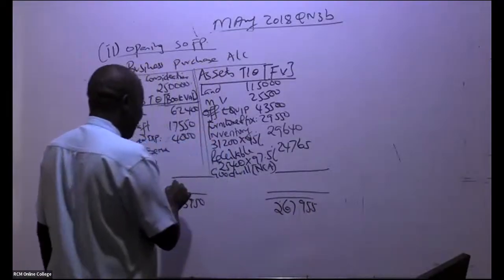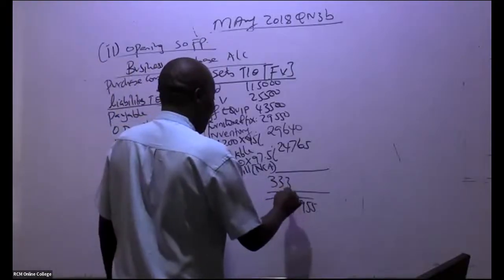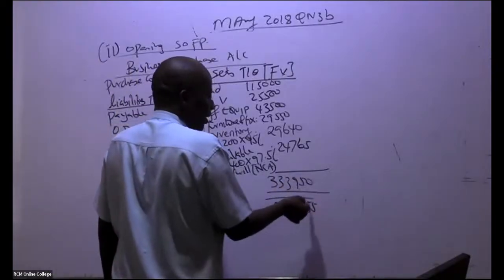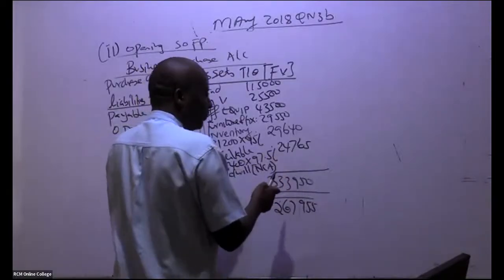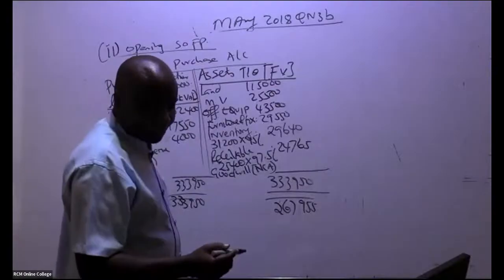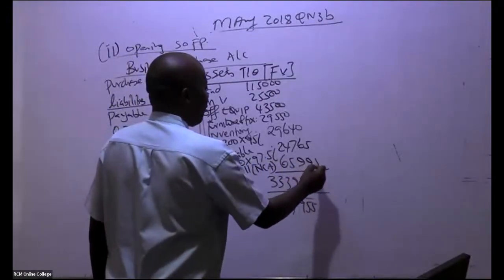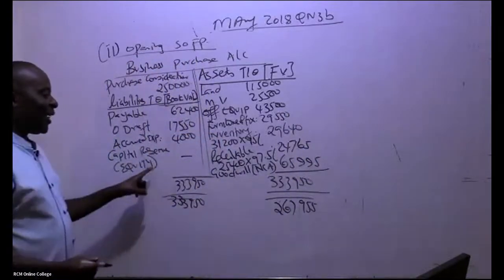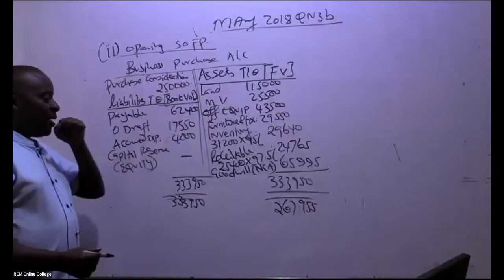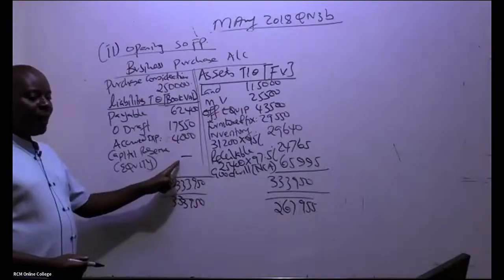So this figure is bigger, right? So 333,950. So you subtract this, so this minus this, then the balancing figure is here. So it's goodwill. So goodwill over how much? 65,995. So of course you put here a dash just for your revision. It wasn't here. If it was here, then automatically it would have been a capital reserve.